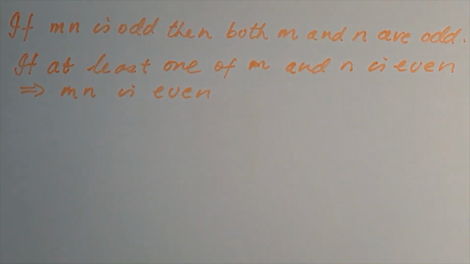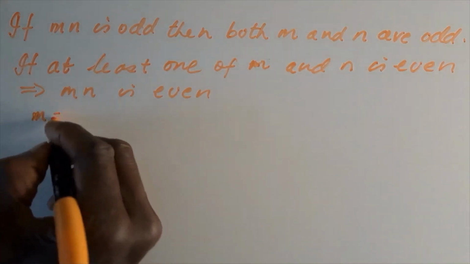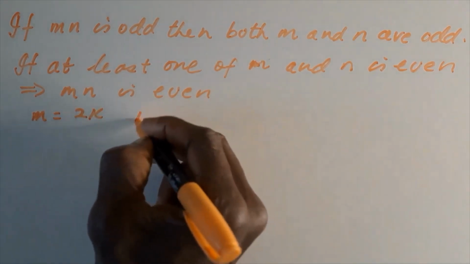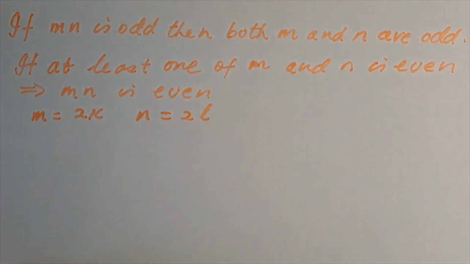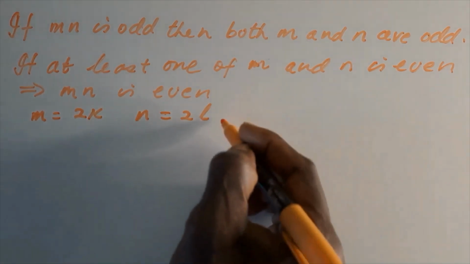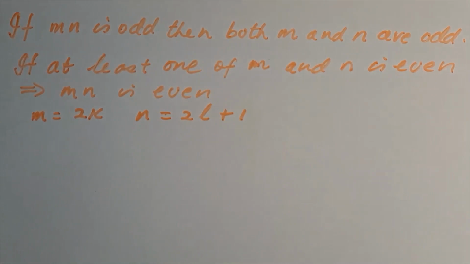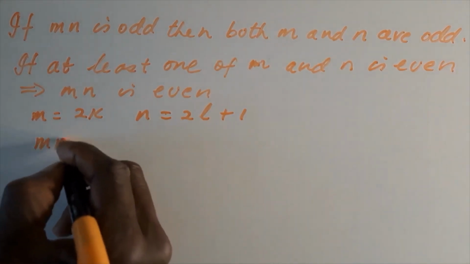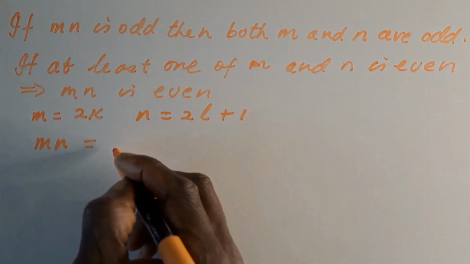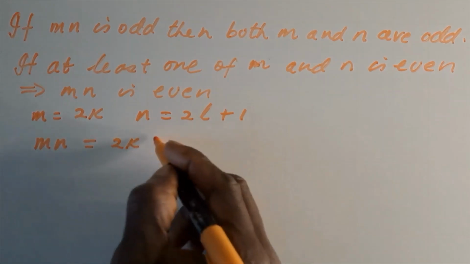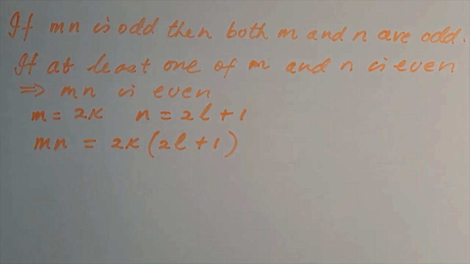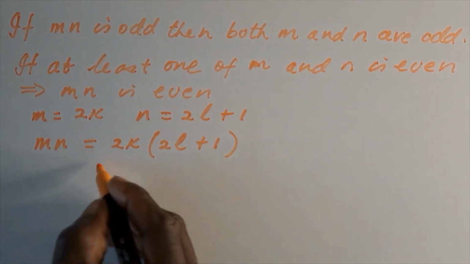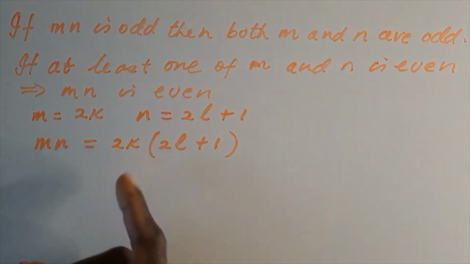So if we have m as 2k and n as equal to another odd number, 2l add 1, because at least one of m and n is even, the product mn follows directly from this to give us 2k(2l add 1), which indicates that this number is even because it's multiplied by an even number here.